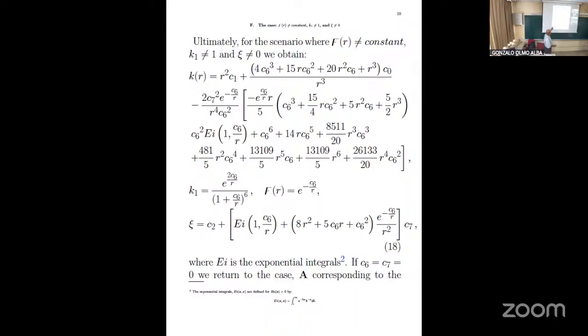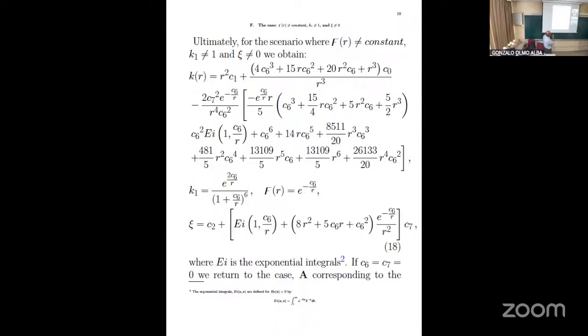So for the asymptotic, it depends on the kind of asymptotic. Is it for large r or small r? The point is that you have C6. The first line, you don't have any problem.